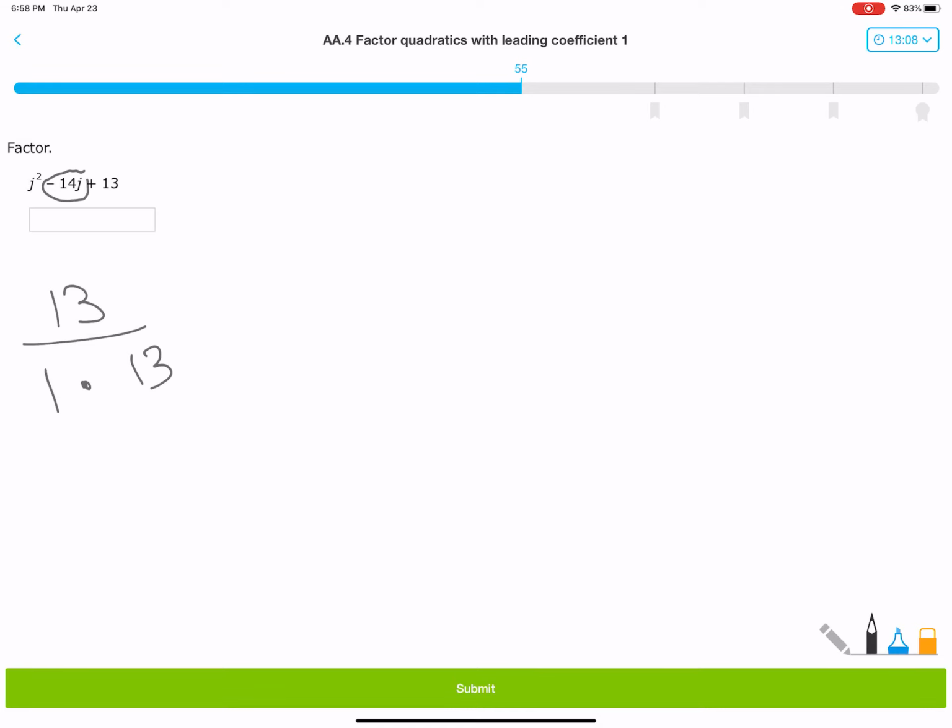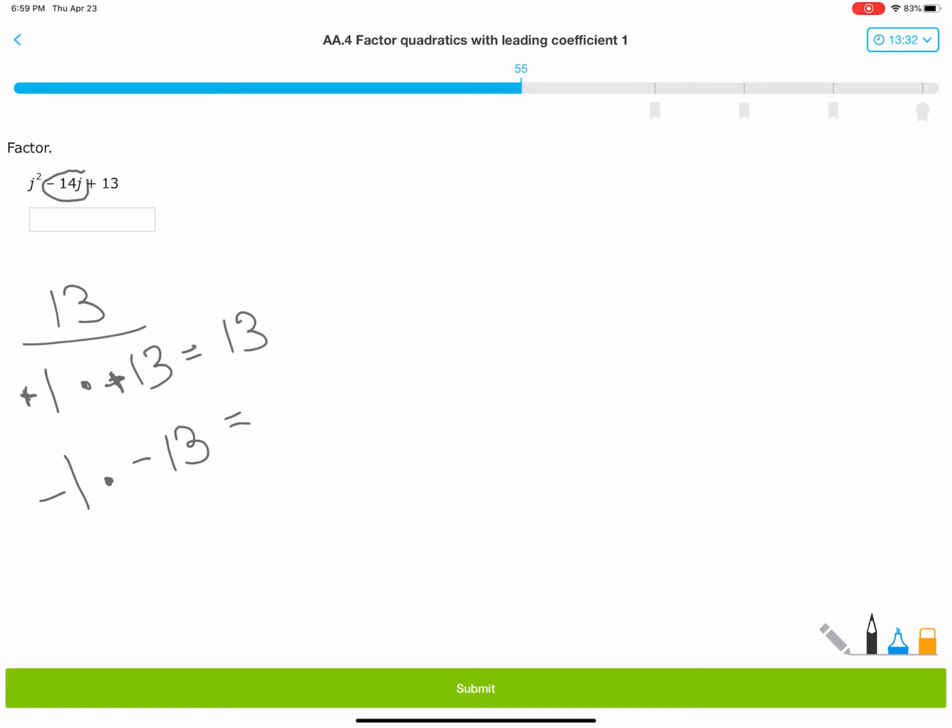So if I think about it, really, there's two ways to get a positive 13. I can say a positive 1 times a positive 13. Positive times positive is positive 13. Or I could say negative 1 times negative 13.